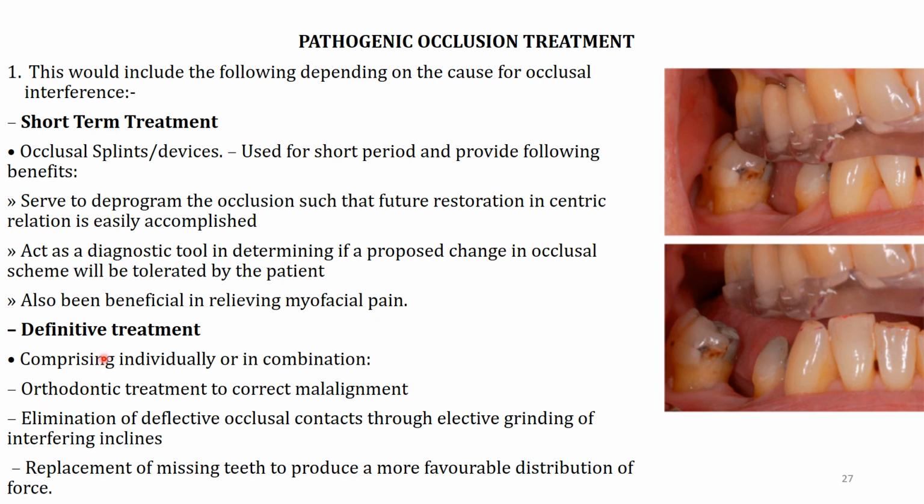In definitive treatment, orthodontic treatment is used to correct the malalignment. Replacement of the missing teeth should be done, and any grinding should be done if required. The photo shows an occlusal splint in the short term.